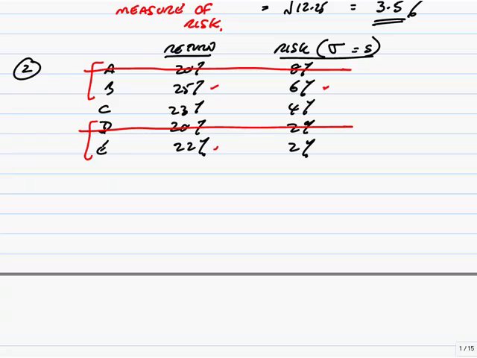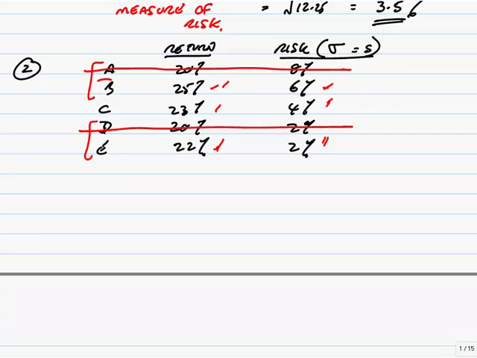However, the other three, we cannot say here which is the best of them, because B, C, and E give progressively higher returns. At the same time, they have higher risk. Well, I said before, we will accept more risk provided we get a higher return. And which one we prefer would depend very much on the attitude to risk of the individual making the decision. Every individual reacts differently.